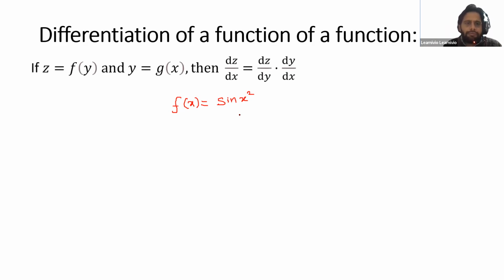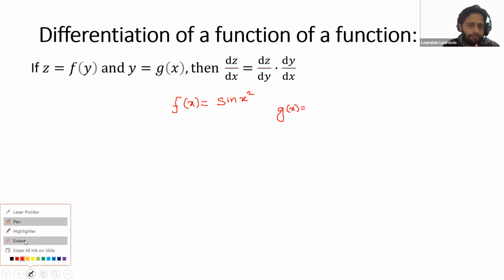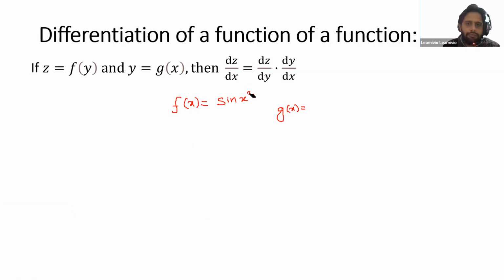Or suppose we have this one, f(x) is equal to sine x square, and suppose g(x) is equal to, let me take any other function, sine e to the power x.